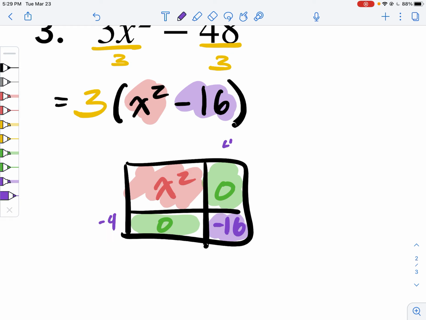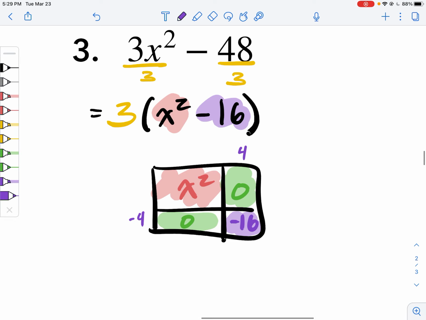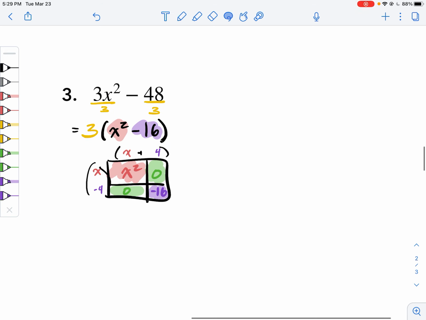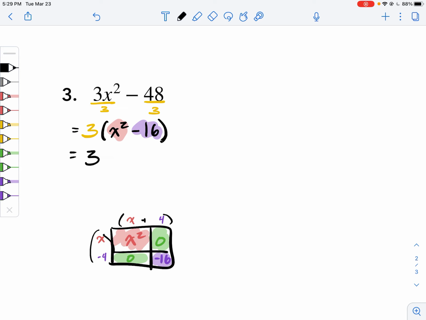That'll be negative 4 and positive 4, because they're opposites, so they add up to 0. And then on our outside, we know x squared is x times x. So to factor, we've got x plus 4 and x minus 4. Yay! So this is equal to 3 times x plus 4 times x minus 4.